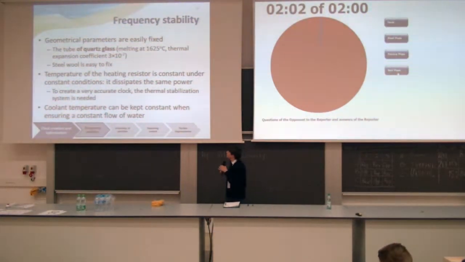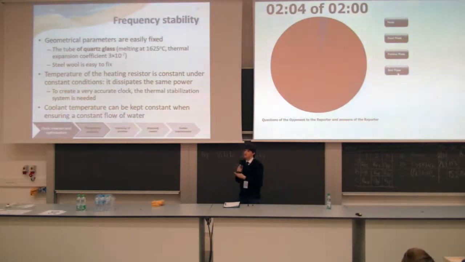Yes. Okay. Time is up. Please answer the question. So in our experiment, we achieved a precision of 1 second per 15 minutes, and I think we can really achieve much better precision. Okay, thank you very much.